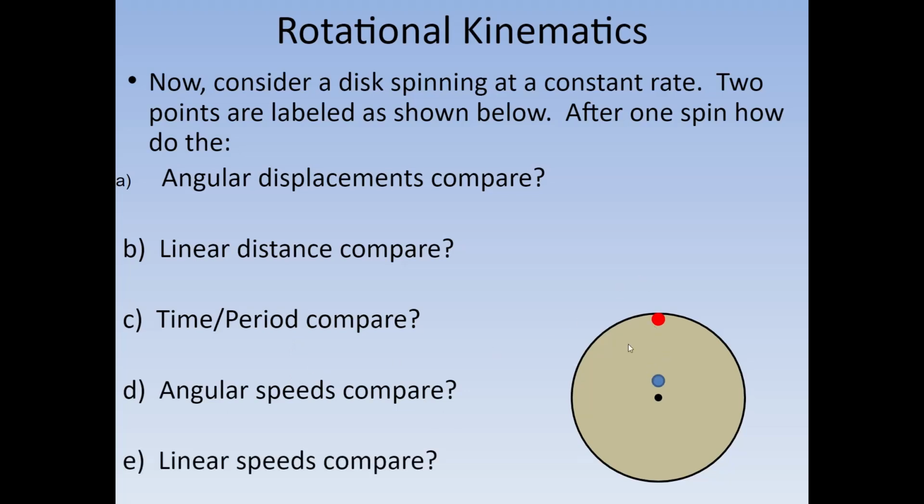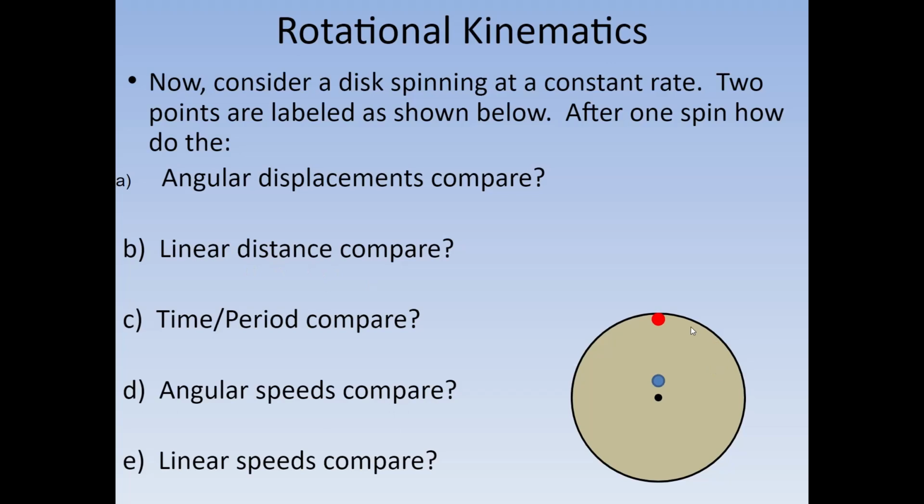Well, if we go through all these terms, the angular displacements are going to be the same, right? After one full spin of this wheel, this red point and this blue point will return back to their same point. So they have both been displaced 2 pi radians. So their angular displacements are going to be the same.